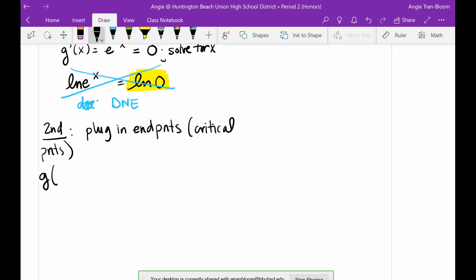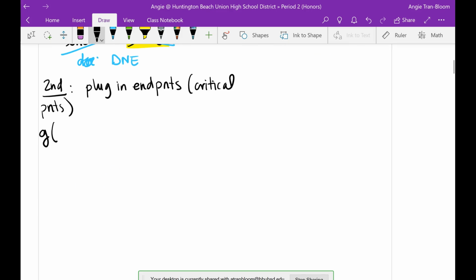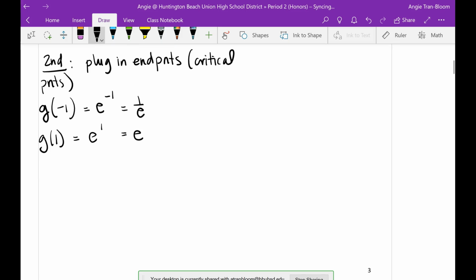Your endpoints are at -1 and 1. So g of -1 and g of 1. g of -1 is e to the -1, which is 1 over e. And g of 1 is going to be e. All right, what do you do with those? You have to tell me which one's which.